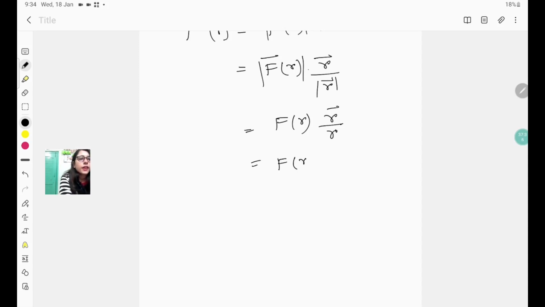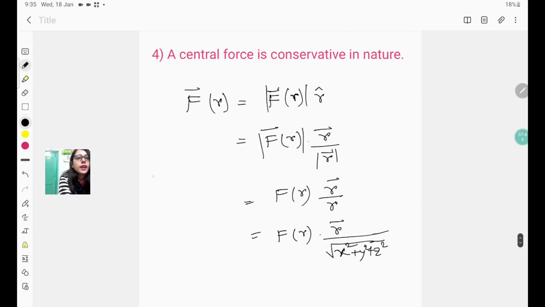Okay. So, F r into r vector by mod r, where actually r is equal to root over of x square plus y square plus z square, right? Why so? Because r vector is equal to i cap x plus j cap y plus k cap z.